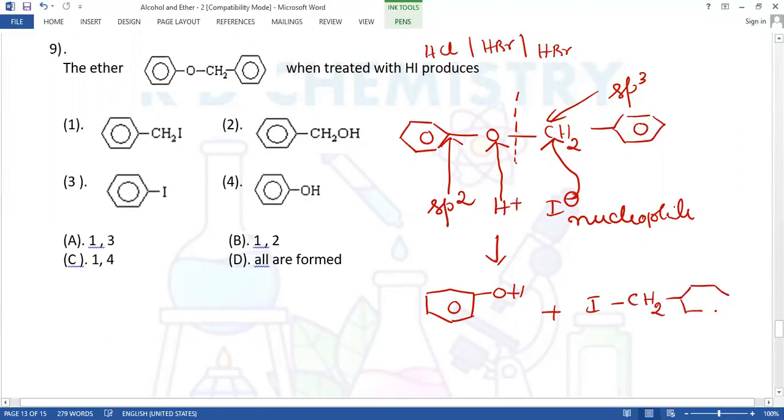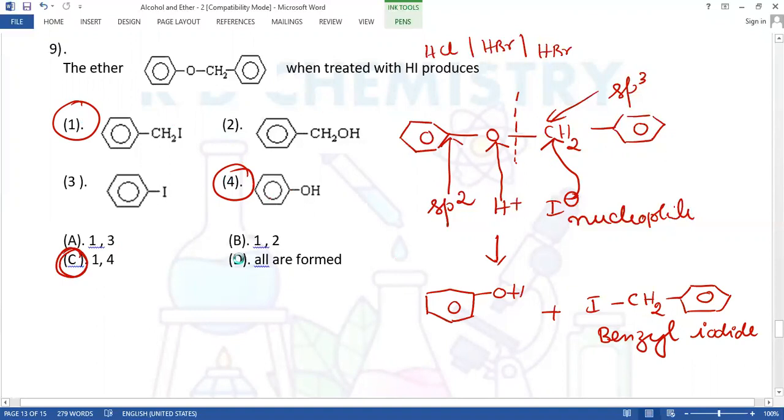Phenol should be there, correct? Then this is called benzyl iodide. Where is it? In option 1, 4. So the answer is option number C, right?